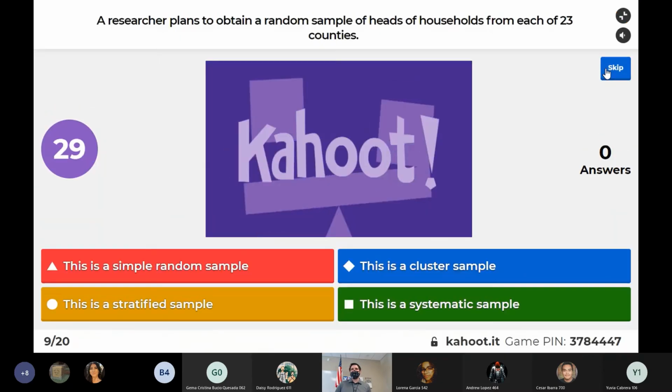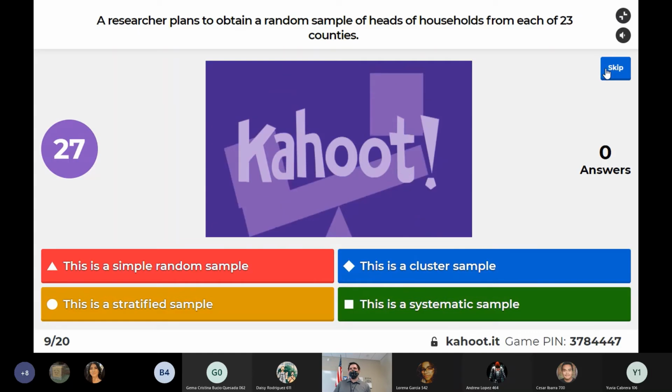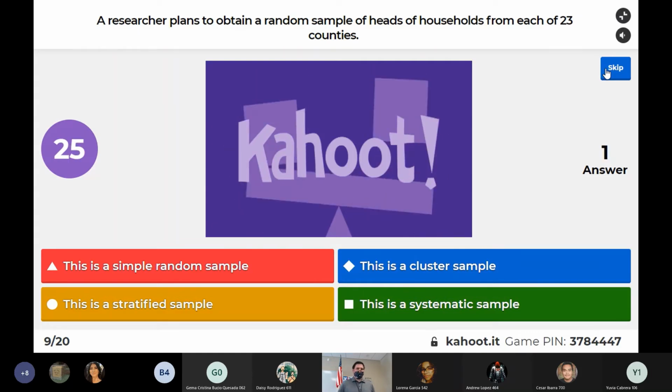A researcher plans to obtain a random sample of heads of households from each of 23 counties. What kind of sampling is this?